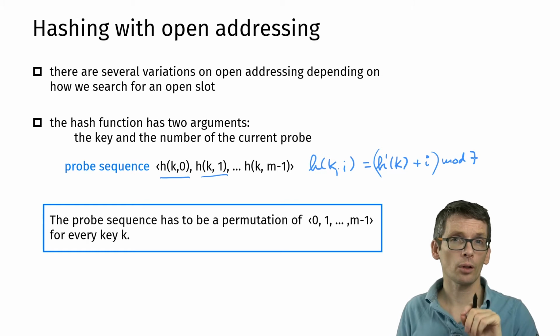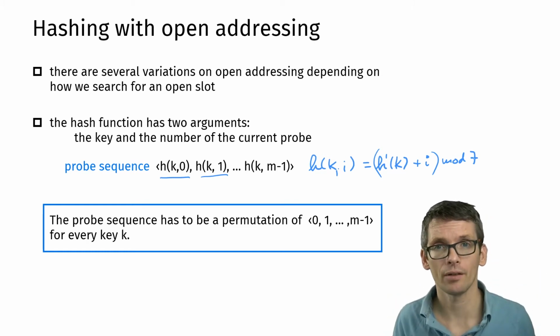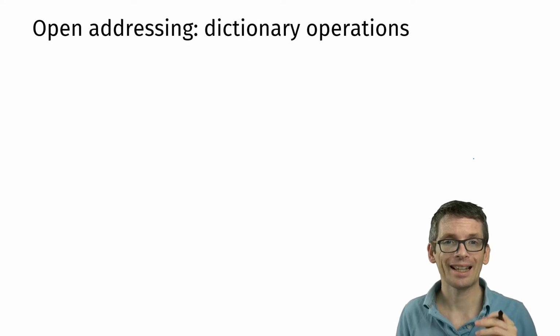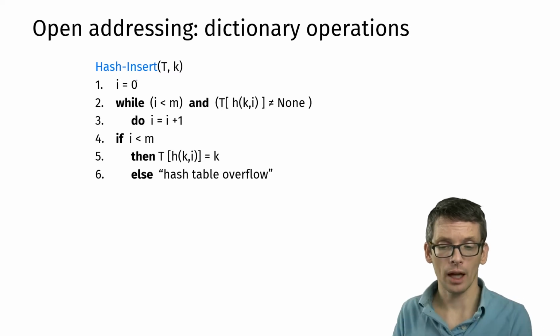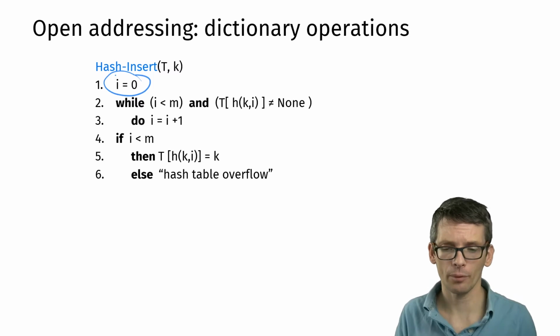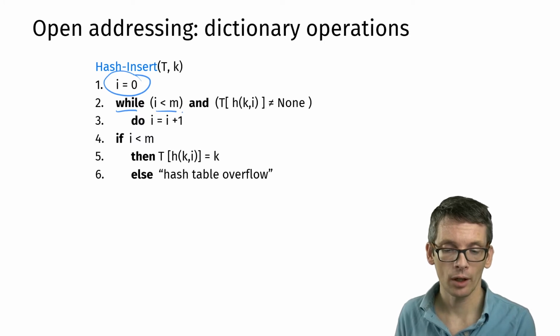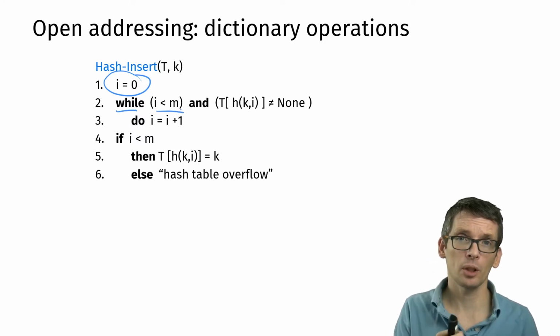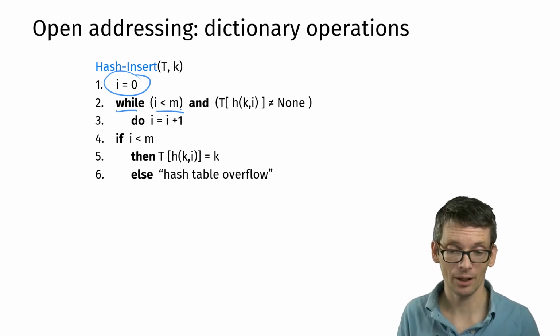Now we want to implement insert, delete, and search because those are the dictionary operations. Let's start with insert. And here's pseudocode for insert. We start with i equal to 0. That is how often we have already probed, 0 times. And then as long as i doesn't reach m, and if it reaches m, then the table is actually full, so we could have seen that coming.